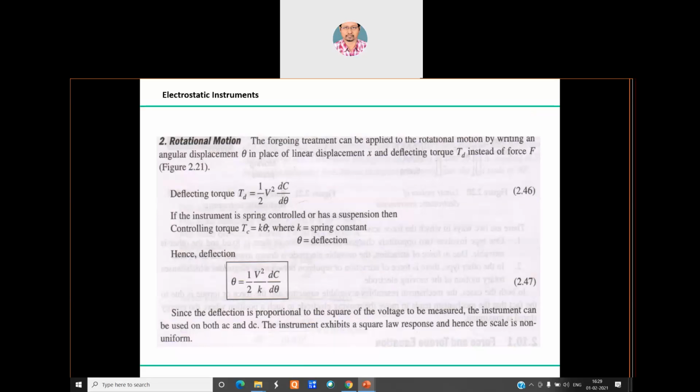Now, since the deflection is proportional to the square of the voltage to be measured, theta is proportional to V square, because 1 upon 2K is a constant, and dC by d theta is a very small incremental value that can be treated as a constant. The instrument can be used for measuring both AC and DC. The instrument exhibits a square law response, and hence the scale is non-uniform as usual, like the moving iron instrument and the electrodynamometer type of instruments.